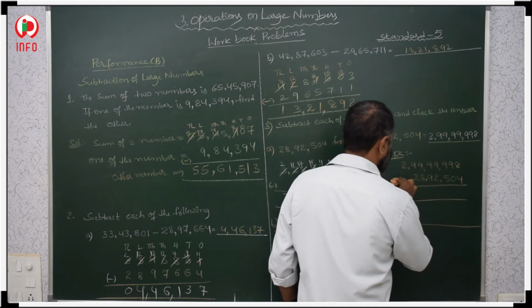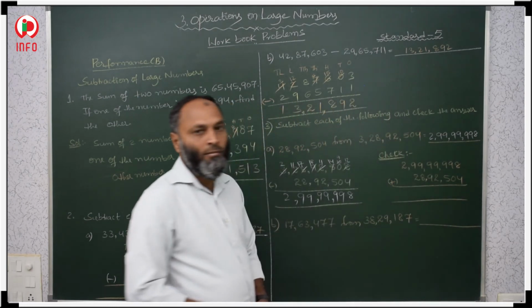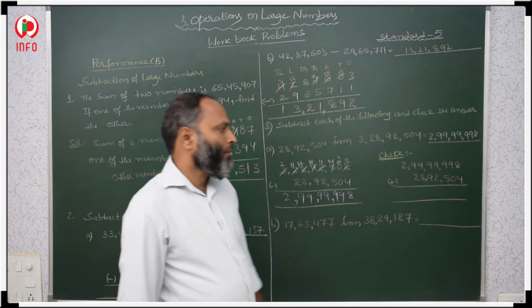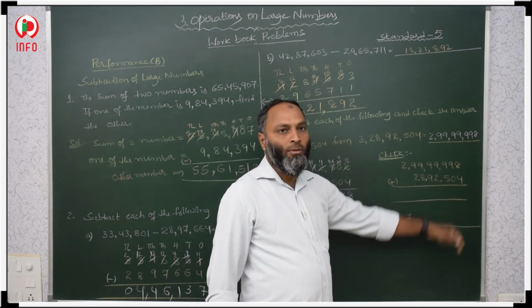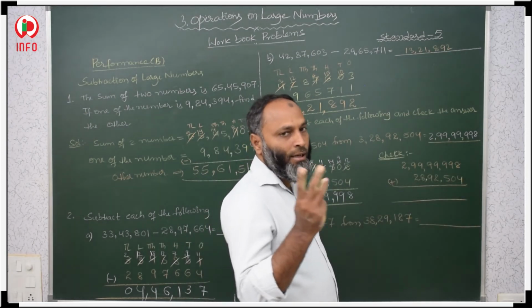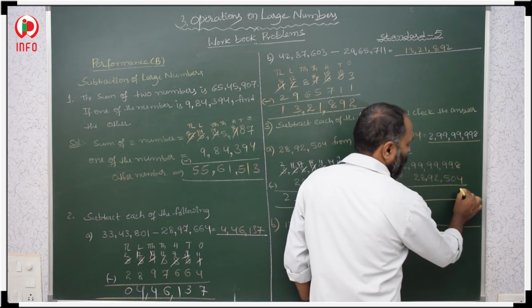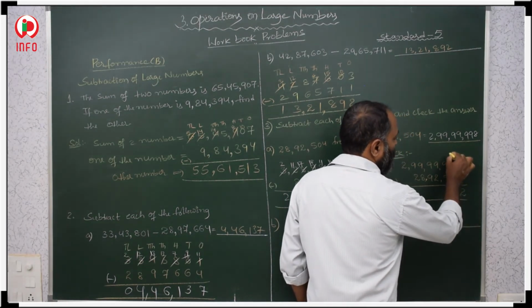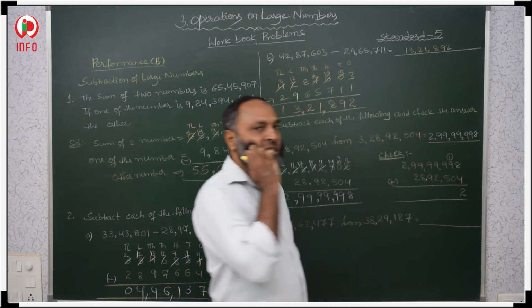Now you add this. 8 plus 4, 9, 10, 11, 12. 12 means 2 in ones place and 1 in tens place.